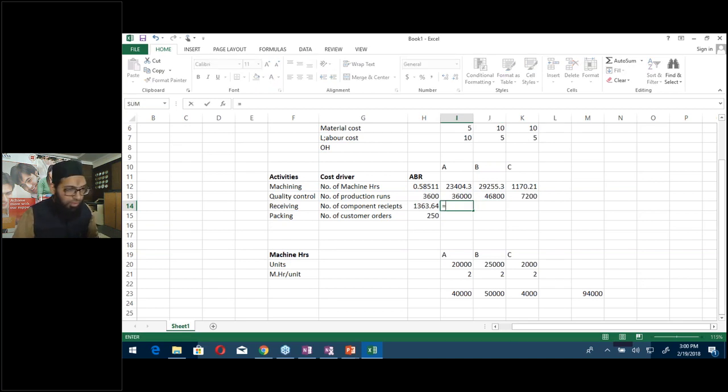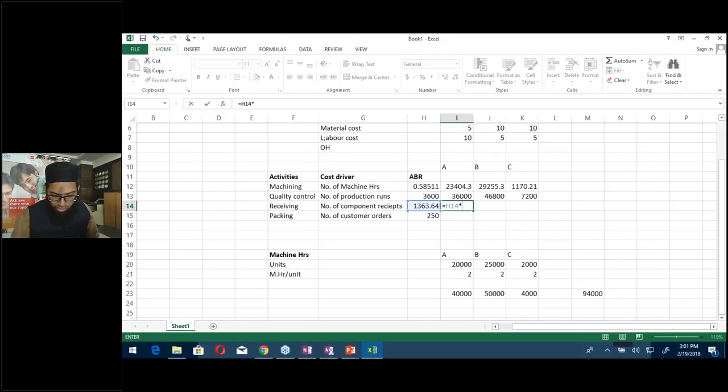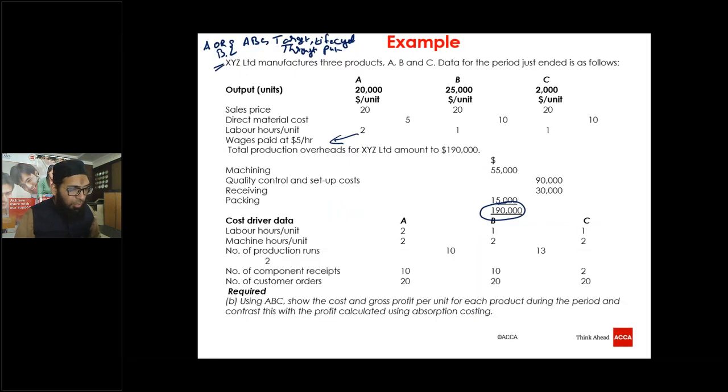Similarly for the component receipts, it will be ABR multiplied by the number of component receipts, and these are 10 for A, 10 for B, and 2 for C. Same goes for the packing cost, so it will be 20 each.